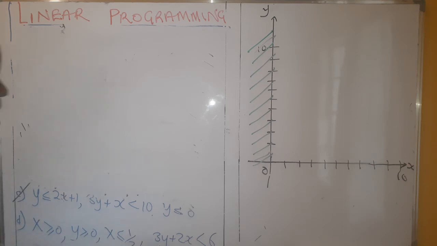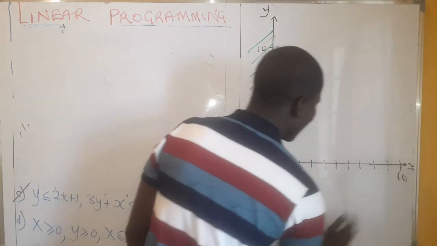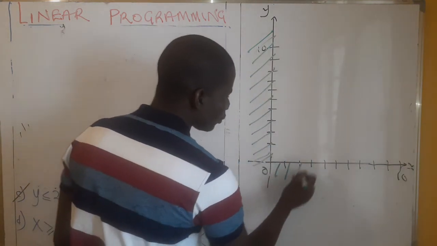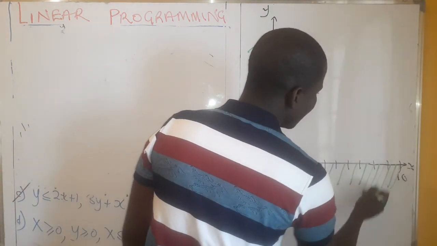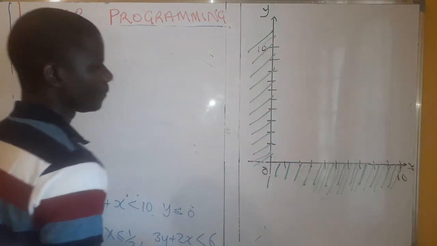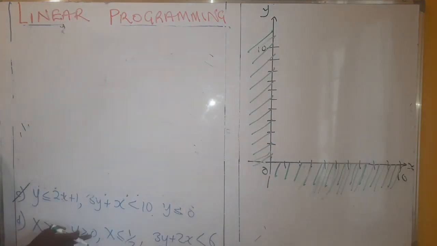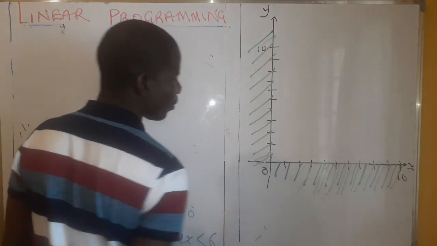The y is equal to 0 along the x-axis. Y is equal to 0 here, and the line is solid. So we are also shading the part that is below. Why? We are saying we want the greater part. This part is greater than what is below.